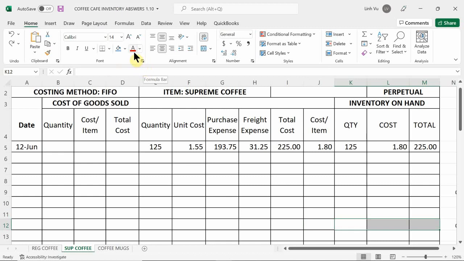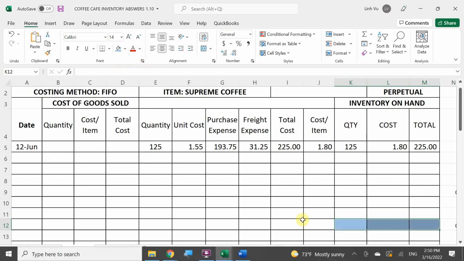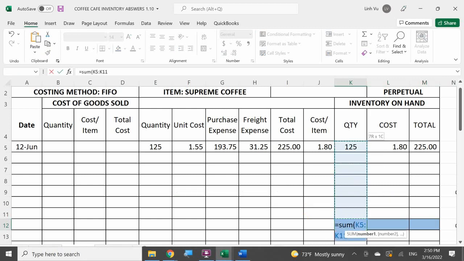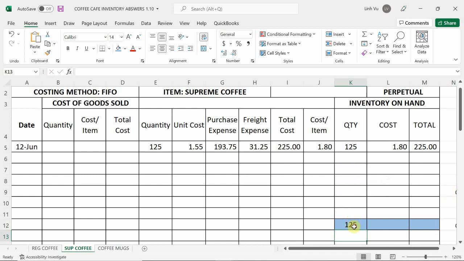So I'm going to sum this once again, giving me my total quantity. So right now I have a total quantity of 125 pounds of Supreme coffee at a grand total cost of $225.